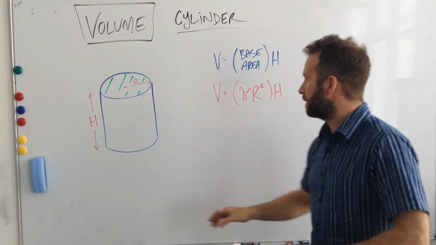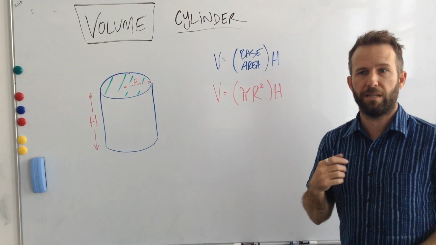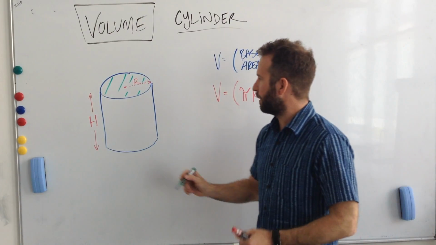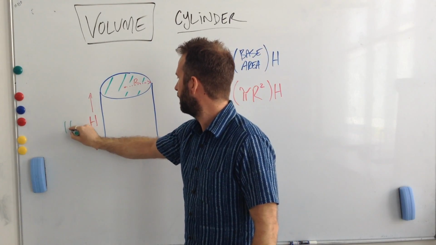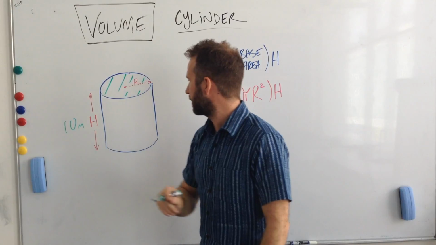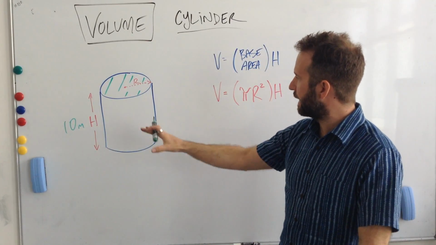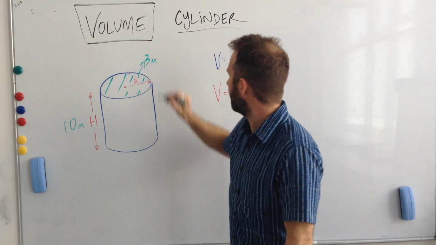Let's put some numbers into this and try to make some sense of the equation itself and the calculation itself. Let's say that we have a big H distance here of 10 meters. Let's say that's 10 meters, and let's say our radius here is 3 meters.